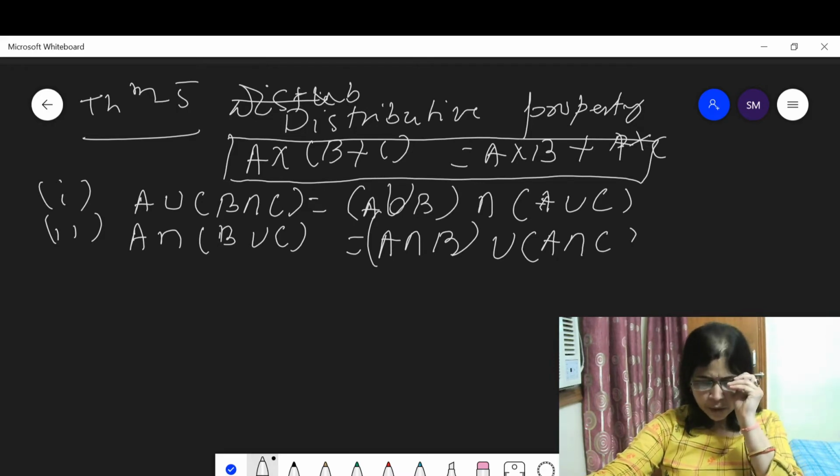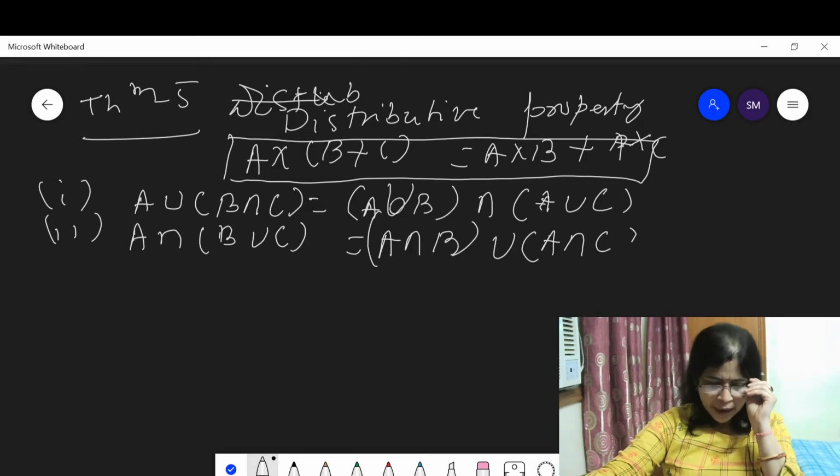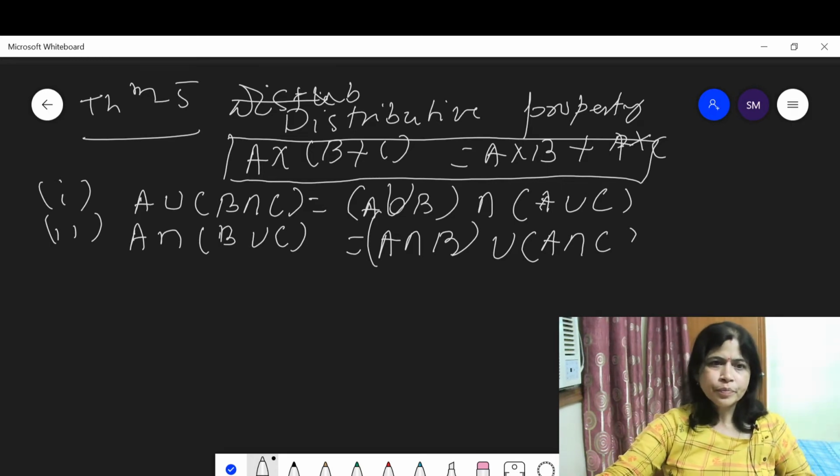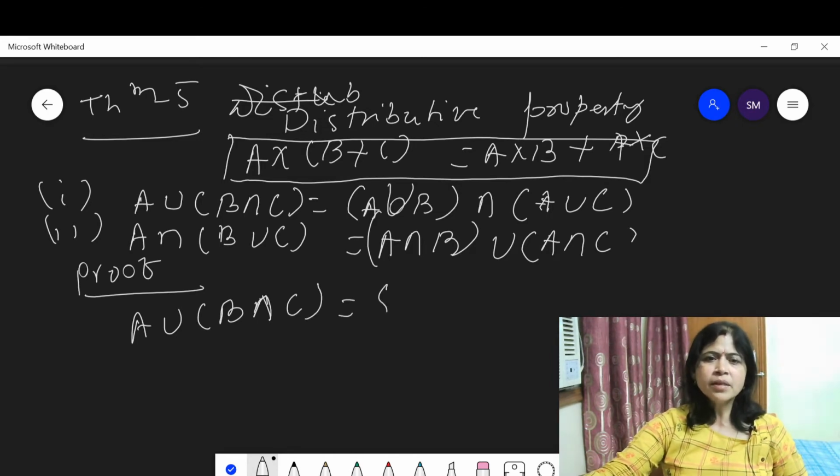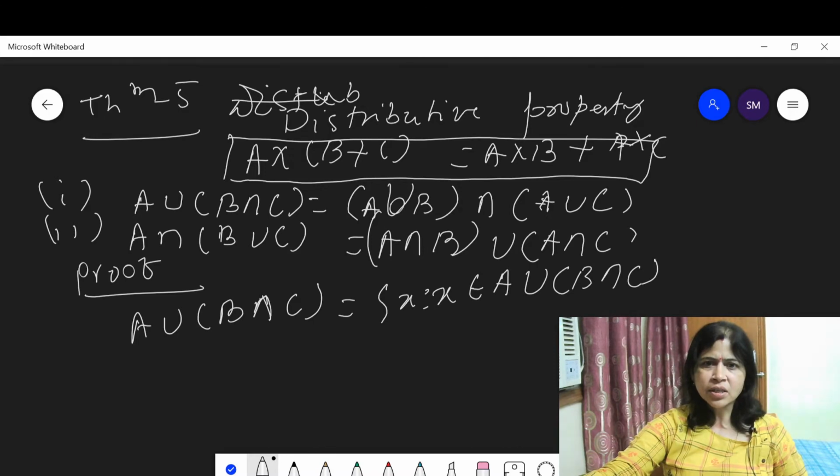Here we have to prove the distributive property. This is from NCERT exemplar. Let us prove the distributive property. A union (B intersection C). Suppose x is such that x belongs to A union (B intersection C).